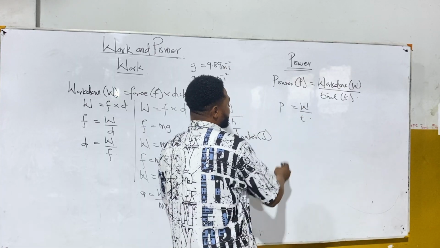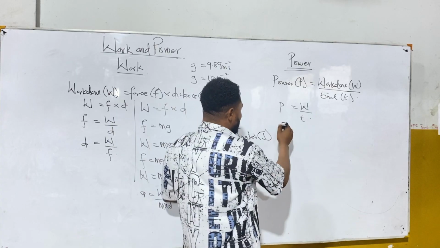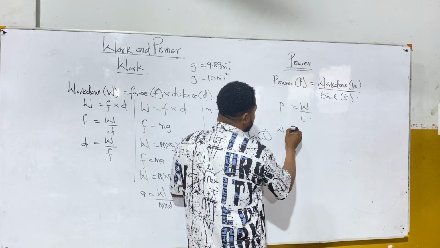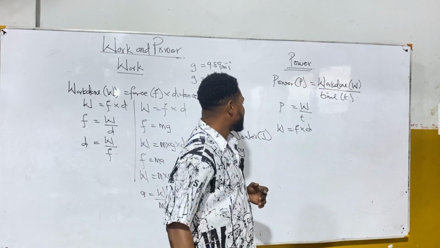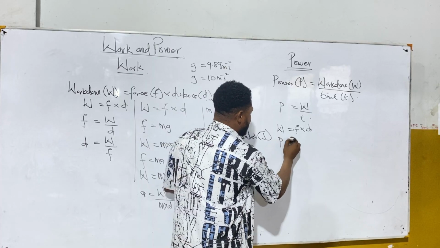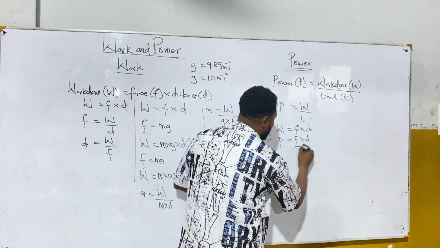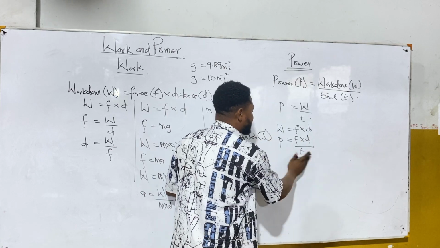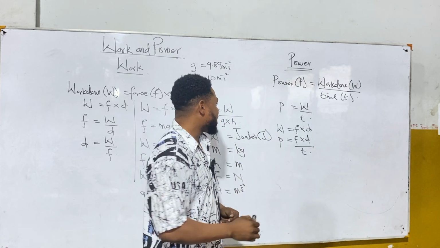But sometimes the work will not be given to you. We know that work done is equal to force times distance. Therefore, power is equal to force times distance over time. So we can also have this formula for power.